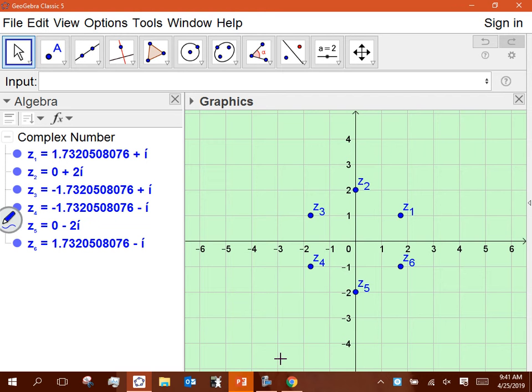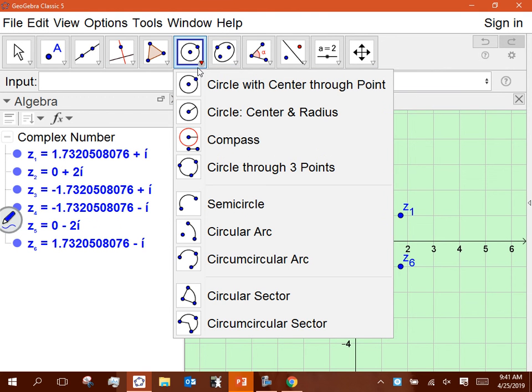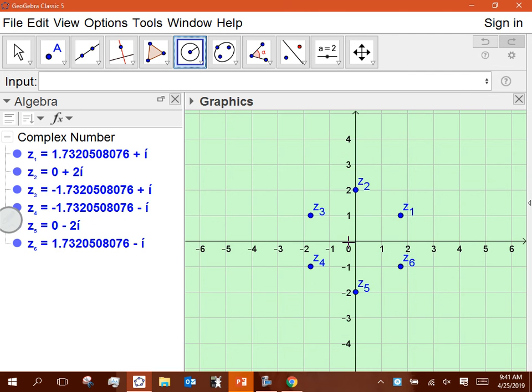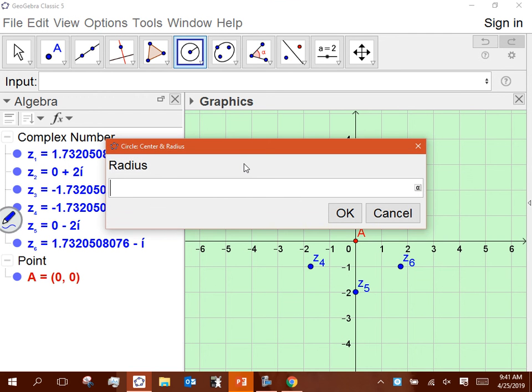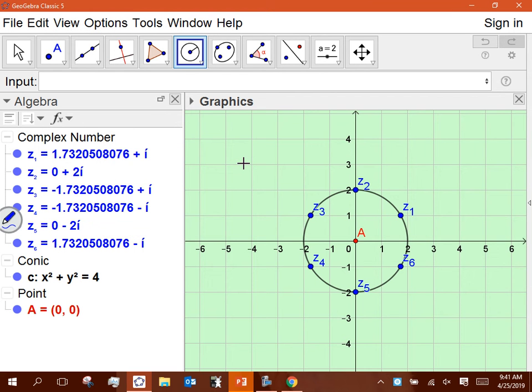So we found the 6 roots. They all had a radius of 2, right? In polar form. So they all lie on that circle.